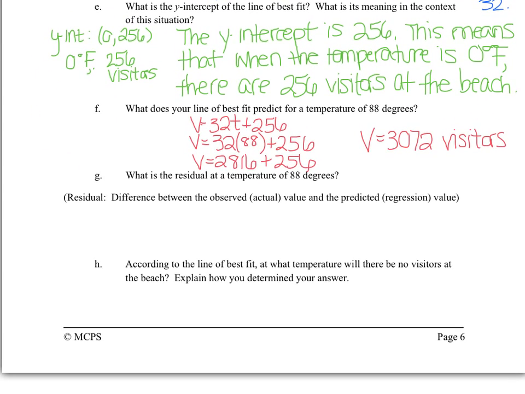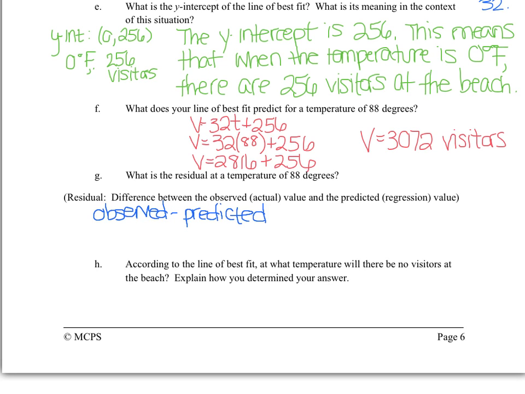What is the residual at a temperature of 88 degrees? So remember, residual is the observed minus the predicted. Now we have to go back to our table of values, which is on the previous page, to see what our observed value is at 88 degrees.